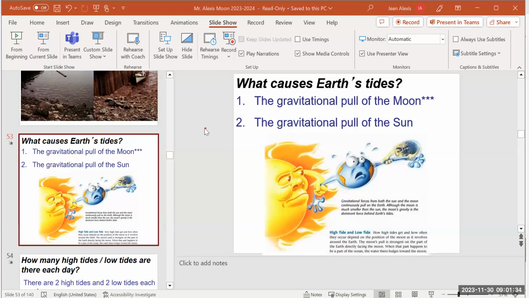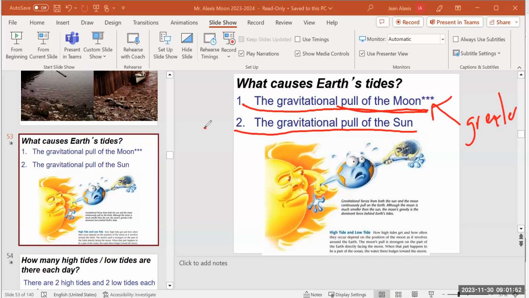What causes Earth's tides is the gravitational pull of the moon and the gravitational pull of the sun. However, the gravitational pull of the moon has a greater influence. So we are definitely focusing on the gravitational pull of the moon.